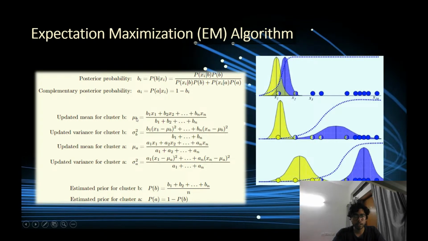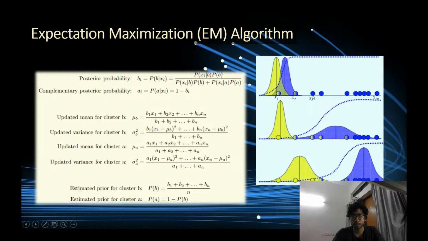So if you see how to update, the mean of the blue Gaussian next time would be this weighted average: b1 x1 plus b2 x2 and so on, divided by b1 plus b2 plus bn. So if you see, you will have more blue points.